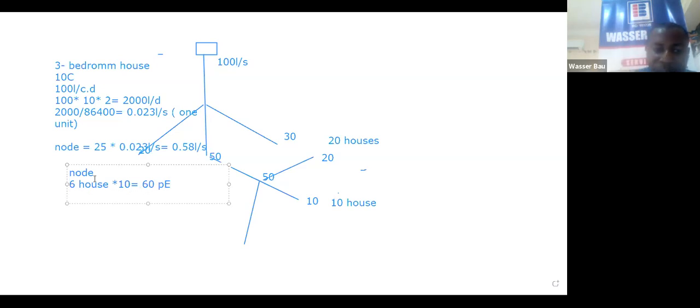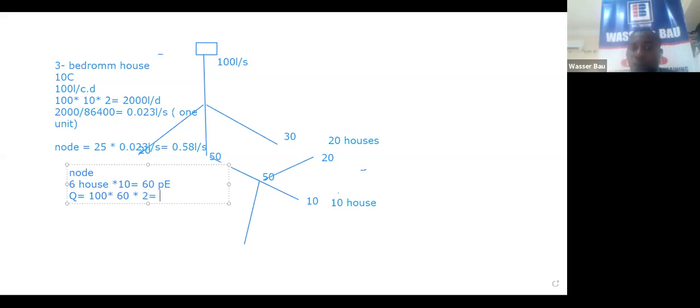So when I come back to my formula to get the Q at node 6, it will now be the value for 1 multiplied by the population equivalent, in this case 60. I can also say 60 multiplied by 10 multiplied by 60 multiplied by 2.